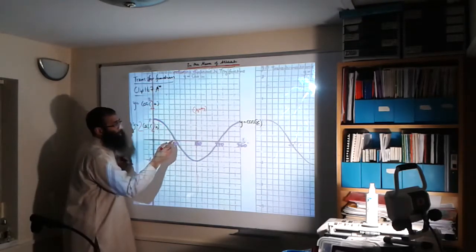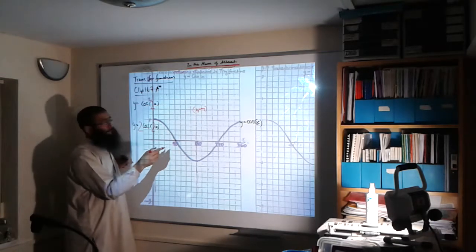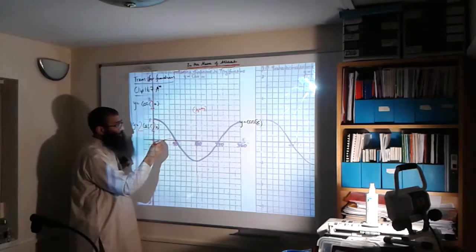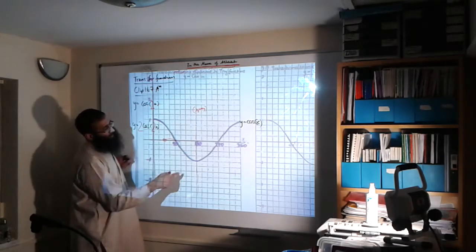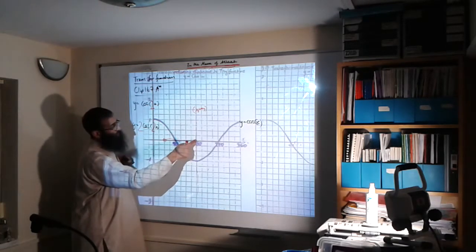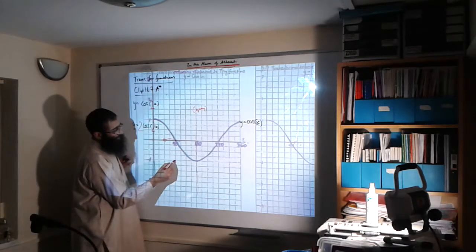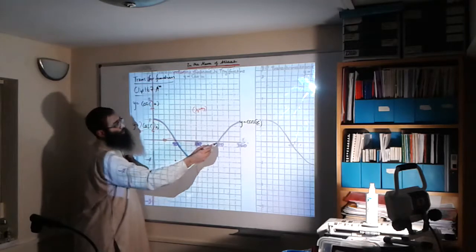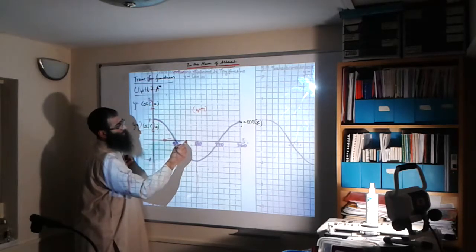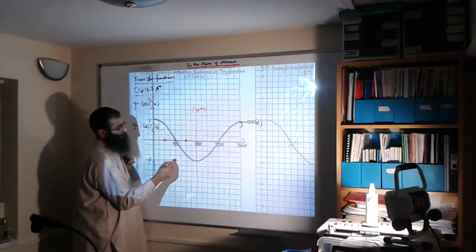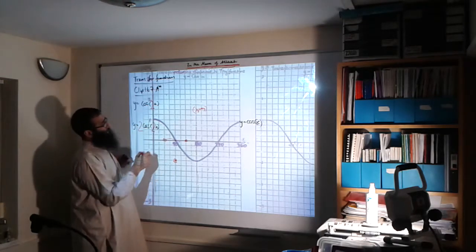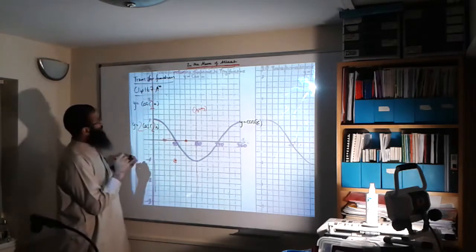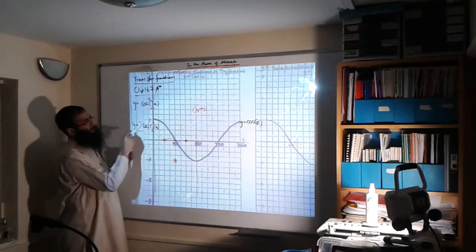The point that was originally at 90 won't be at 90 anymore, it will now be at 45. This point that was at 180 will now be at 90. And 270 will be at 135. So here are our points. And that one will stay there.